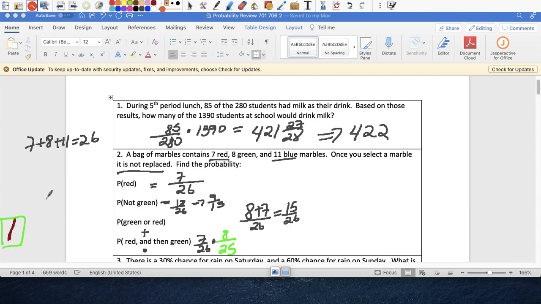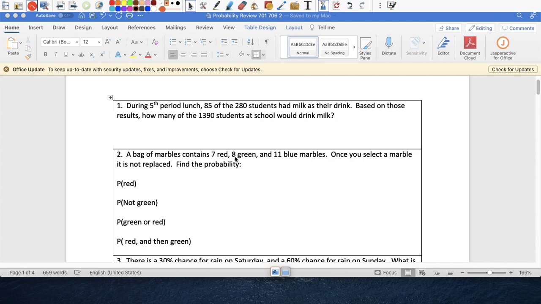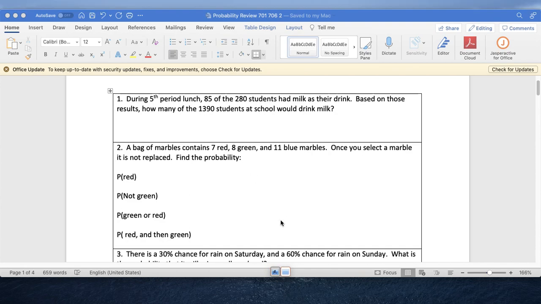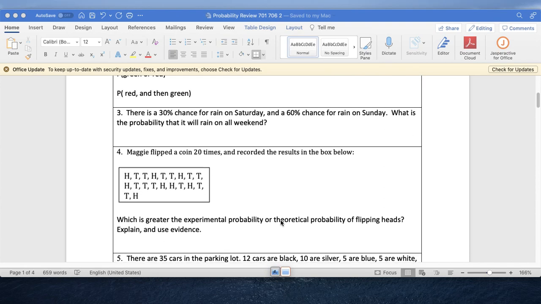So let's multiply this. 7 over 26 times 8 over 25, and we're going to get simplified. It's going to equal 28 over 325. Okay? Three. So this one was a little tricky, right?